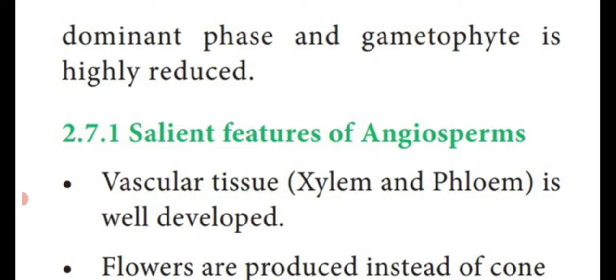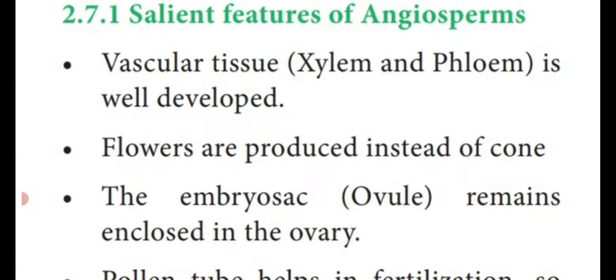Dear students, the sporophyte of the angiospermic plant is dominant and the gametophyte is highly reduced. That means their life cycle is of a very short period, so that is said to be highly reduced.